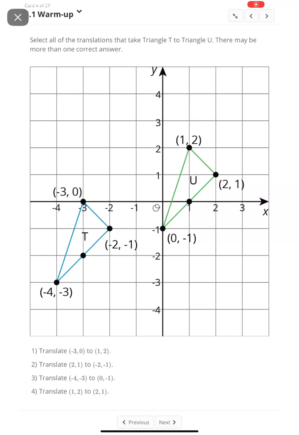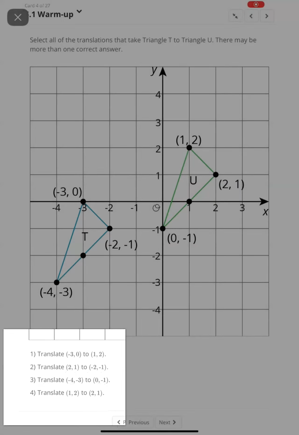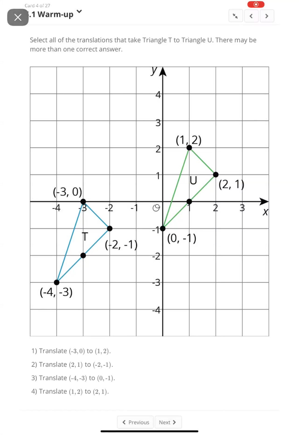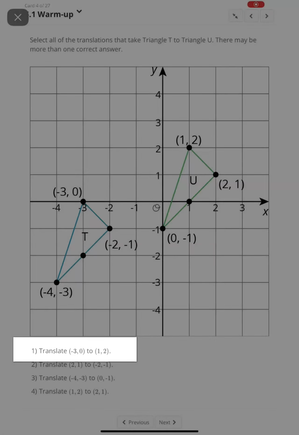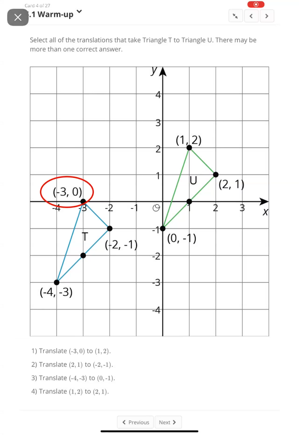So what we have to do here is select all the translations that take triangle T to triangle U. We have 4 options here, and there may be more than one correct answer. Option number 1 is we're going to translate or move point (-3, 0) to point (1, 2).